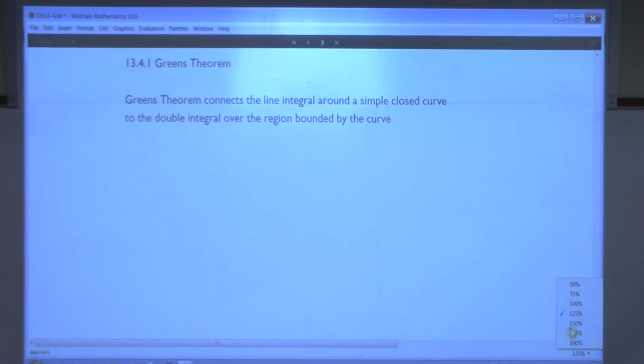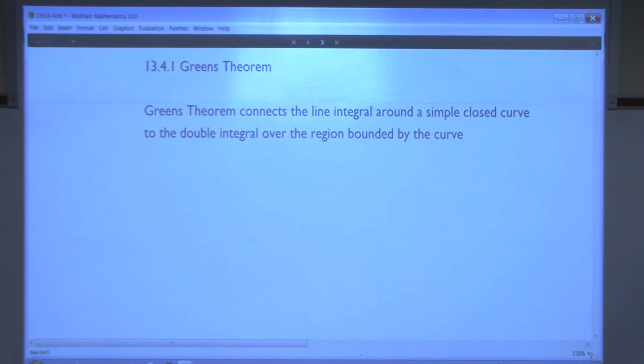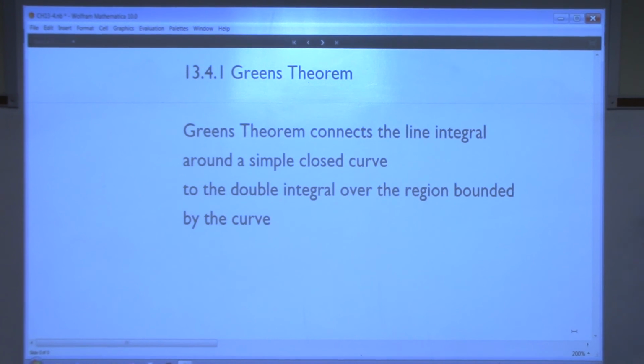Green's theorem gives us a connection between a line integral around a simple closed curve and the double integral of the region bounded by the curve.